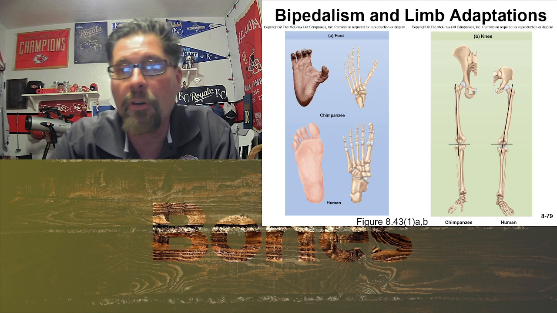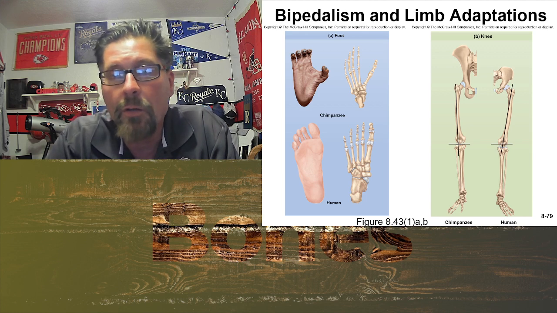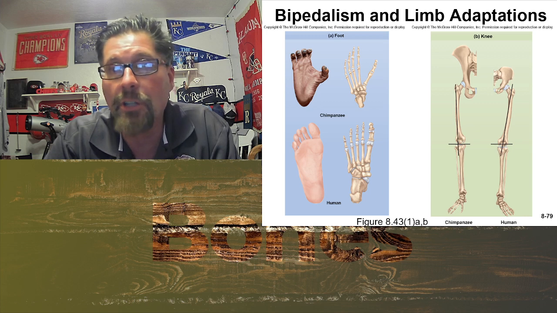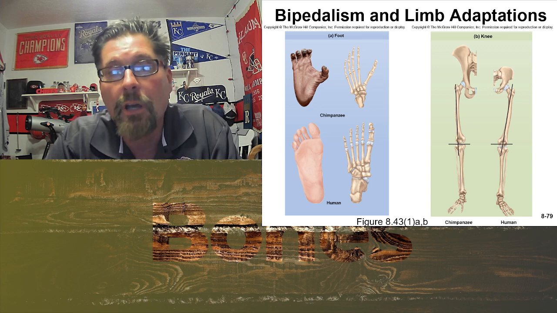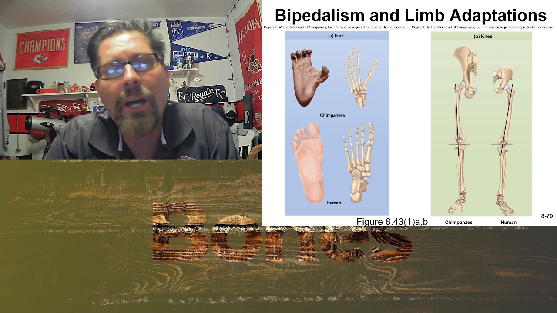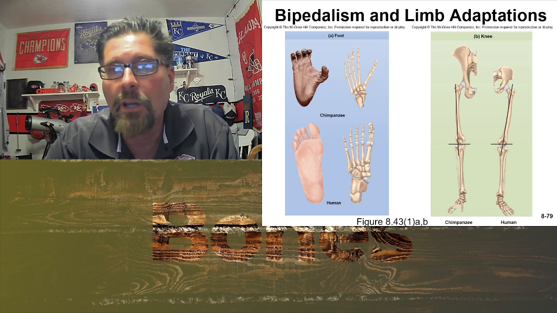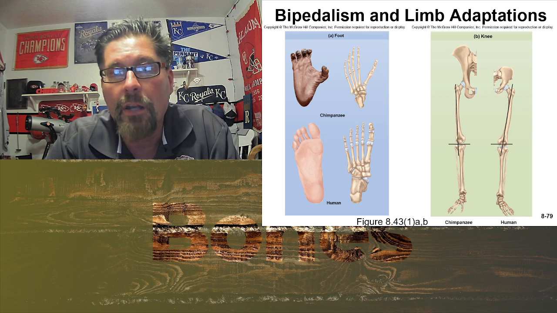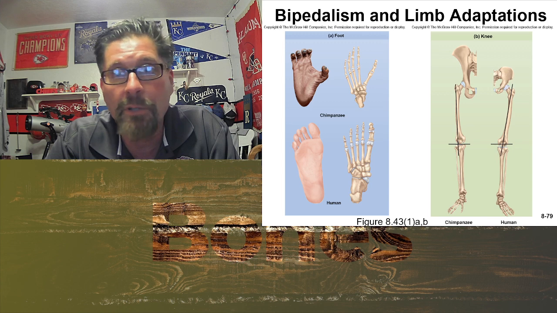All right, here's our first look at comparative anatomy. The picture closest to me is our foot compared to a chimpanzee's foot, and we know that primates have the ability to grasp things. I'm not 100% certain that every primate does, but we know chimpanzees can, and a lot of that is beneficial because of their habitat up in trees.